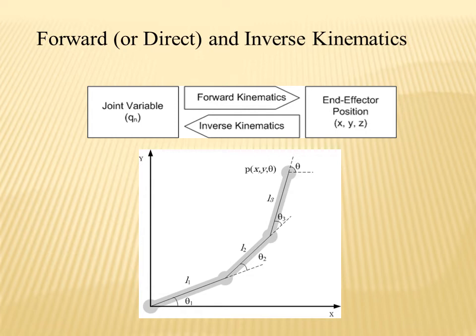It means you first decide the position of the end effector, and then you calculate theta 3, theta 2 and theta 1. This is known as inverse kinematics. So if the end position is given, you have to calculate the joint variables. This is called inverse kinematics.